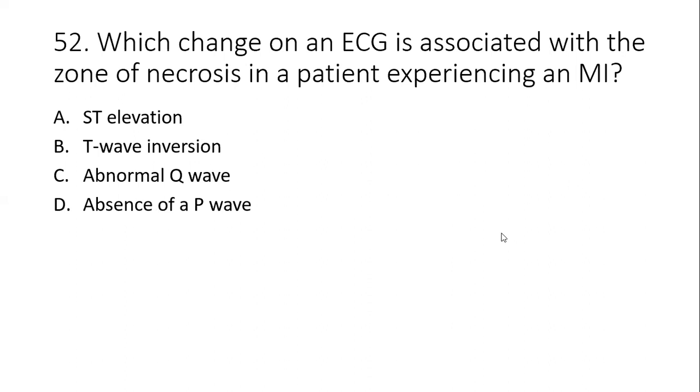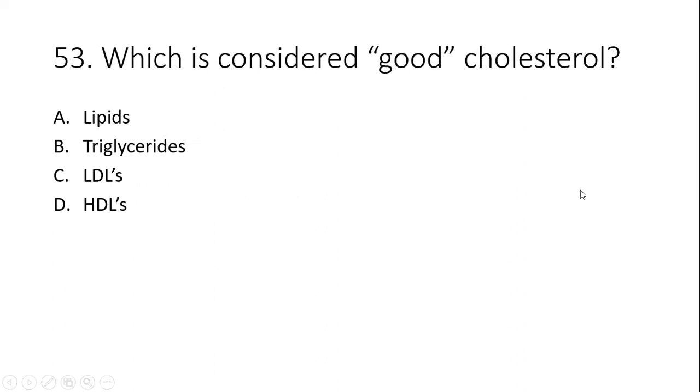With the T wave inversion, that's our zone of ischemia, and ST elevation is our zone of injury, if I recall correctly. And absent P wave, we see that with our atrial dysrhythmias. So the Q wave is where necrosis has already occurred at some point.